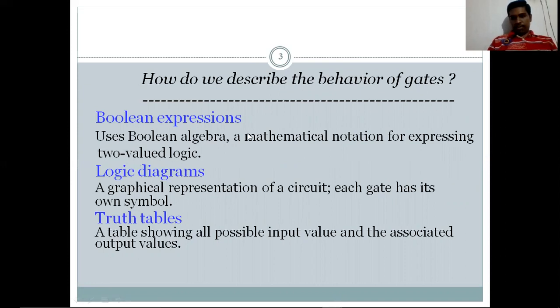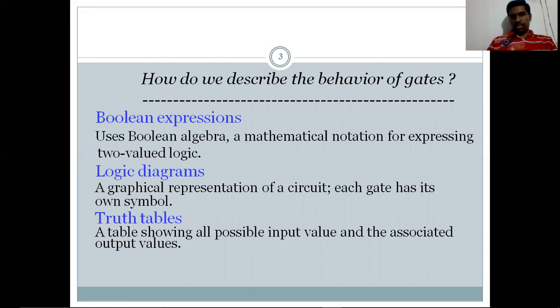If we have a Boolean expression and want to analyze the entire functionality of the circuit for a particular function, then we can use these gates. These gates help us analyze the functionality of the circuit. Likewise, we can call them logic diagrams also.